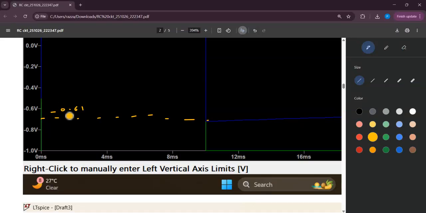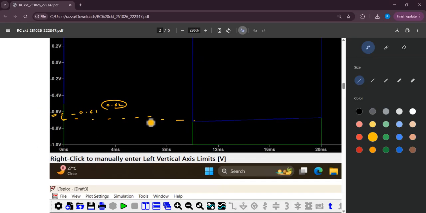It is almost, or maybe greater than minus 0.61, in magnitude I'm not getting the exact value, but I am assuming that this is 0.6 volts. So this point is minus 0.61, or maybe like 0.62. Yes, there is some variation, but our results are matching the simulation.